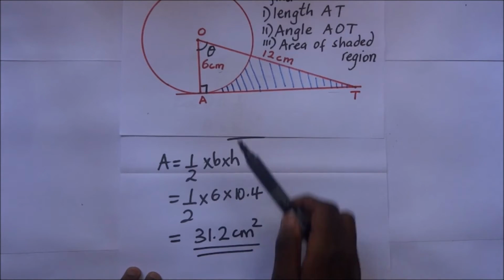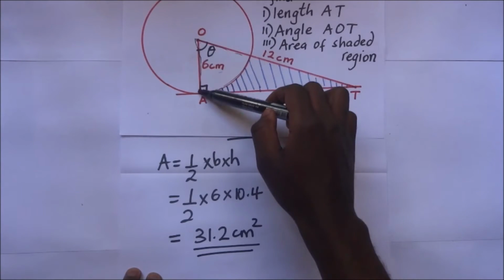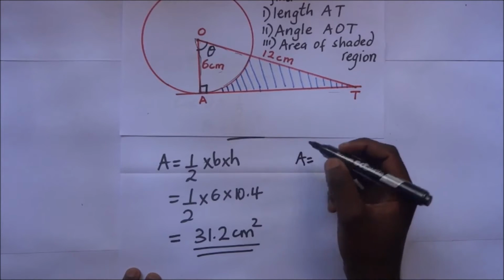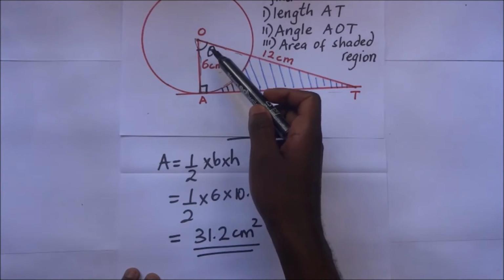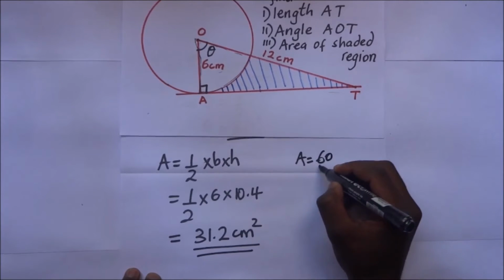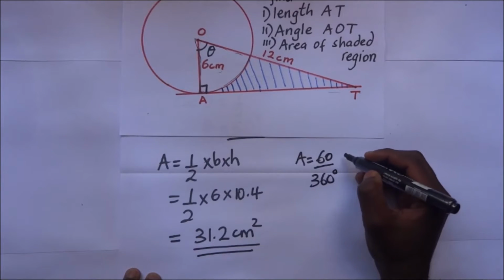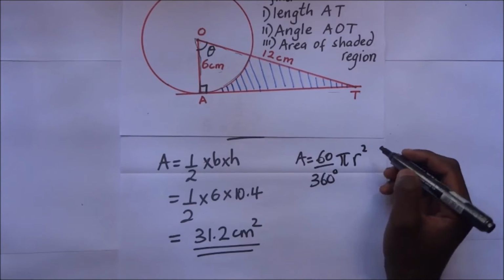Now we find the area of this sector, the unshaded part. So the area of this sector is going to be, now this value of theta we got, remember, we got this value of theta as 60 degrees. So the area is going to be 60 over 360 degrees times the area of the circle, which is pi r squared.